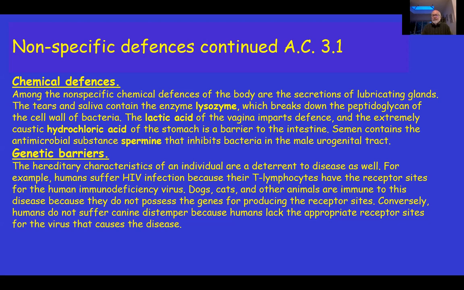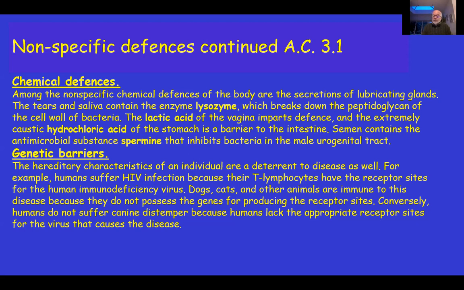Now, dogs, cats, and other animals are immune to these diseases because they don't possess the genes for producing the receptor sites that we do in humans. So genetically, dogs and cats, although they're mammals, don't suffer from the same HIV virus.